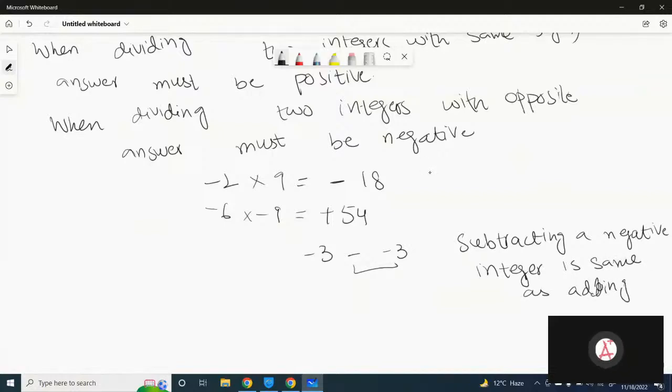This is a very important point. Please note it down. You are subtracting a negative integer, so it would be the same as adding. That makes 0. Got it?